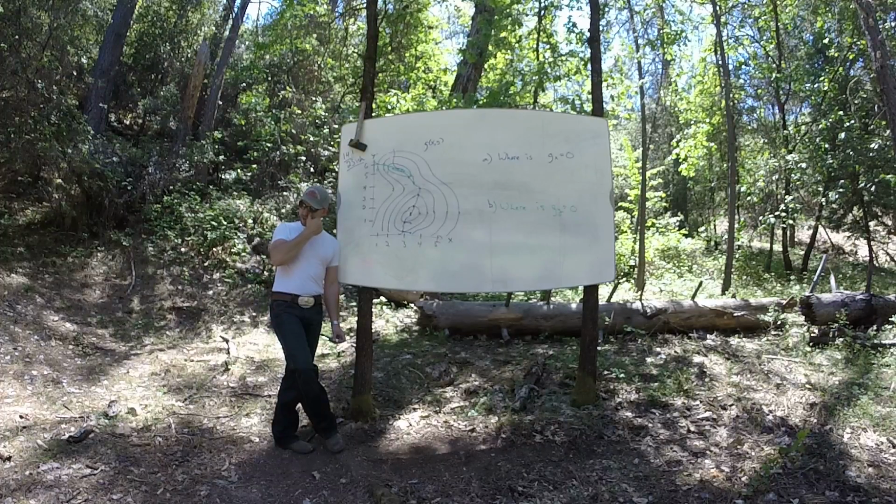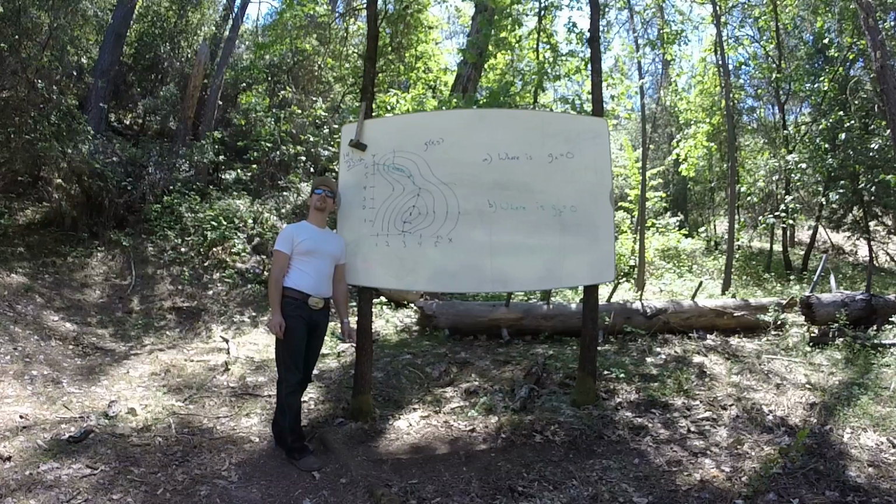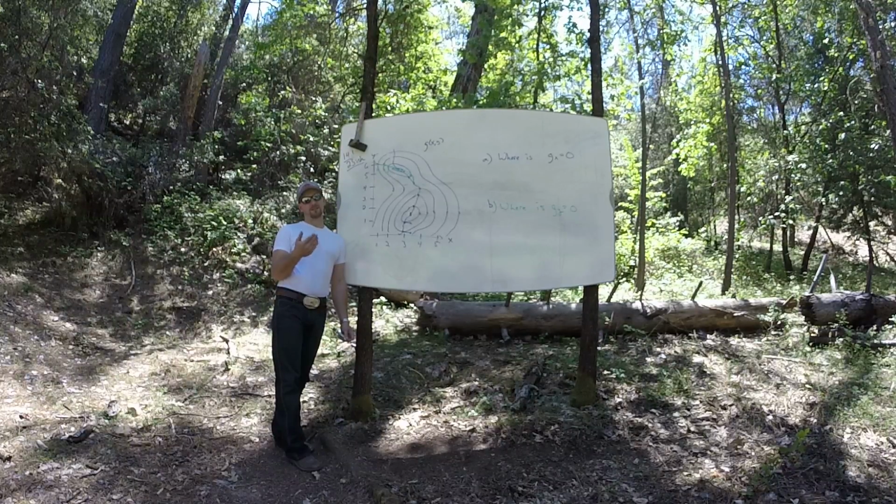This is not quite gradient descent, because the way I'm doing it here is I'm connecting the spots where one of the partials is 0.